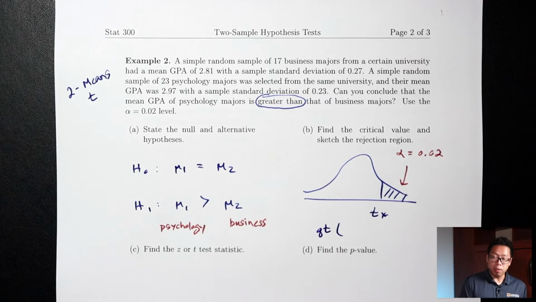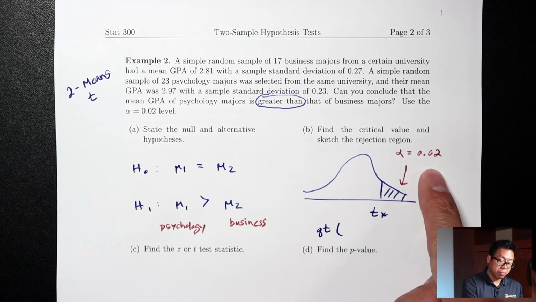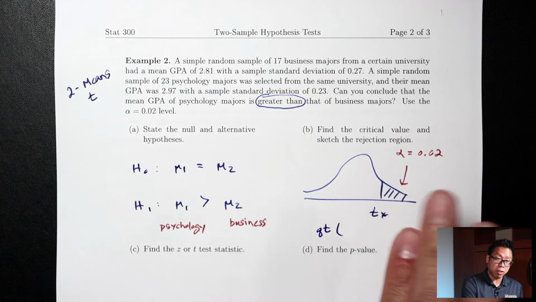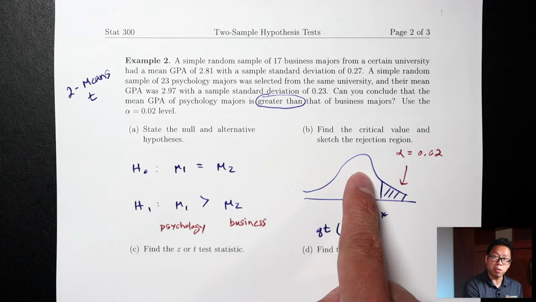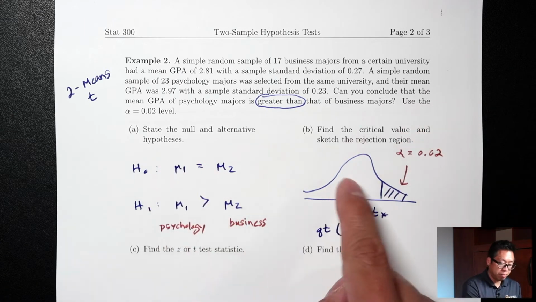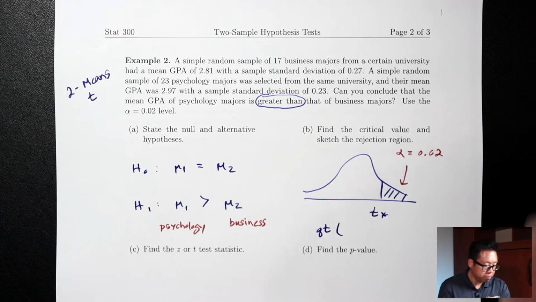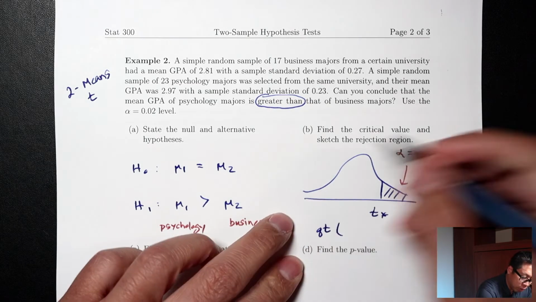What is the left area here? Is it 0.02? No. So 0.02 is the shaded area, which is the area to the right. What I want is the area on the left side, which is this unshaded part. So to get the other side, I need to do 1 minus 0.02.